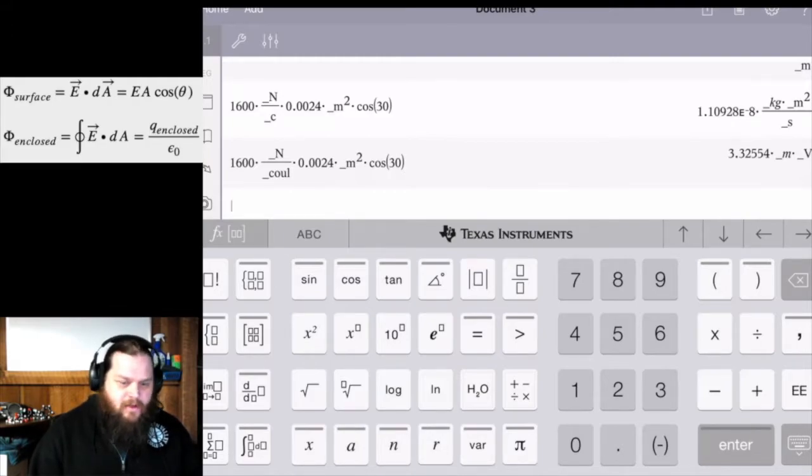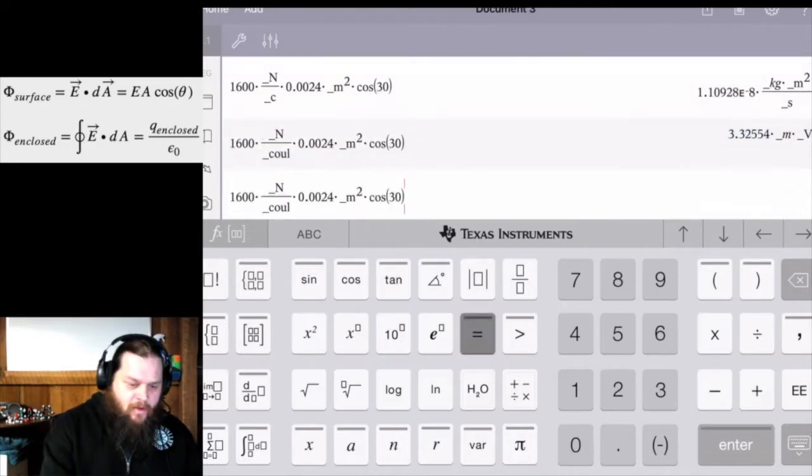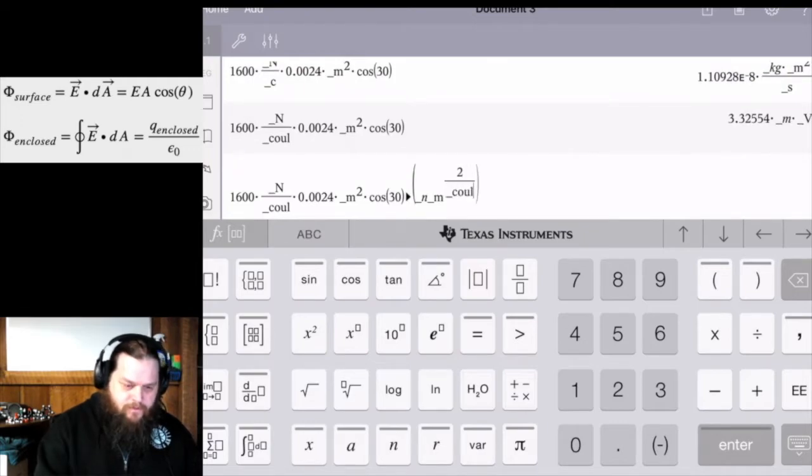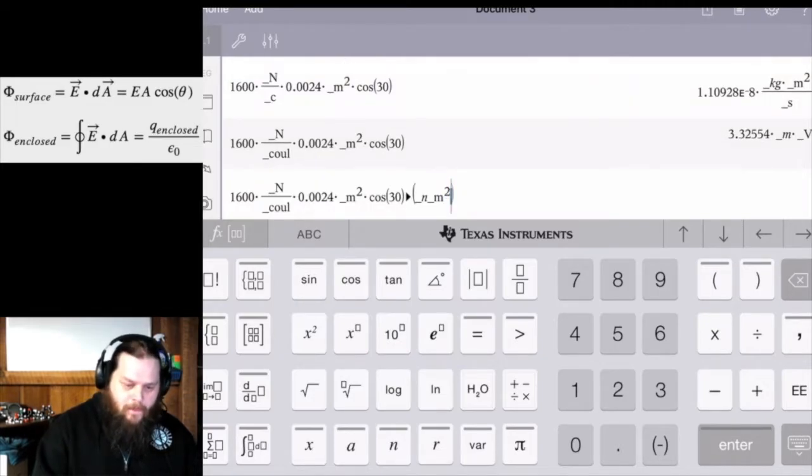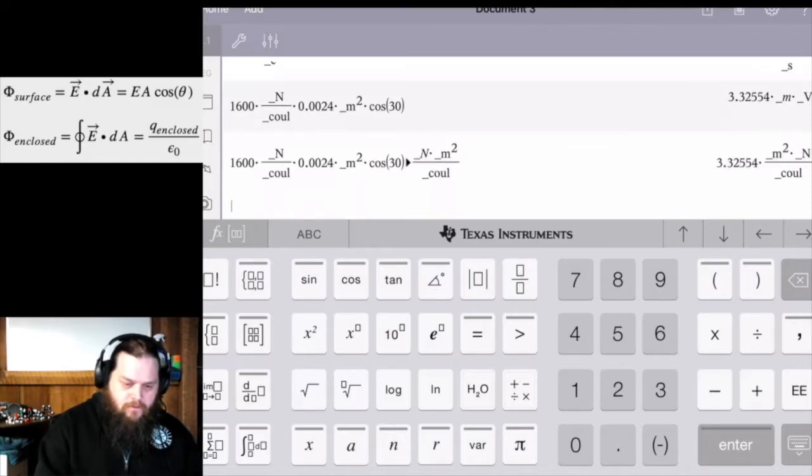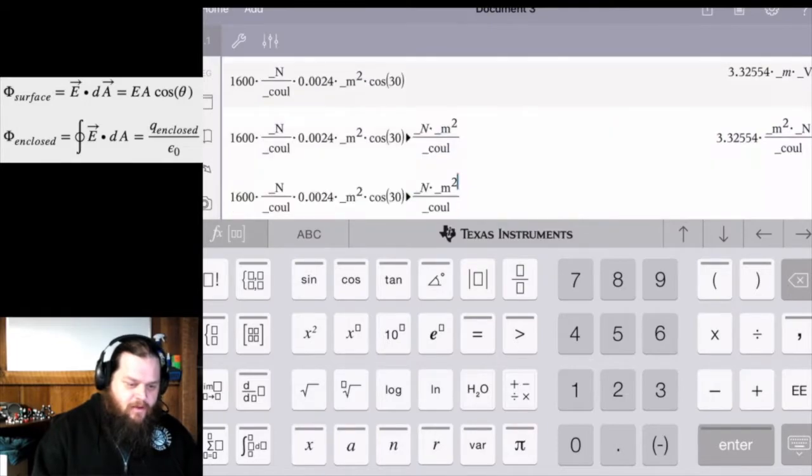And our answer is going to be, that's kind of the wrong magnitude, because I want my answer in newtons meters squared per coulomb. I left a few zeros out, didn't I?